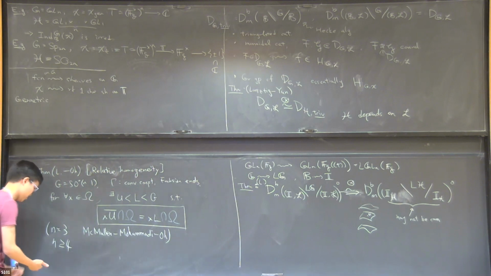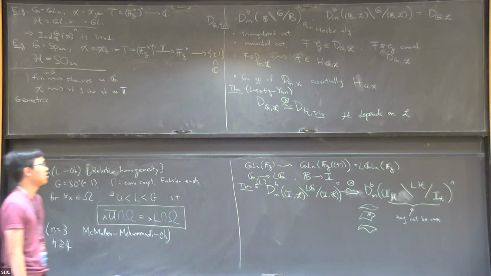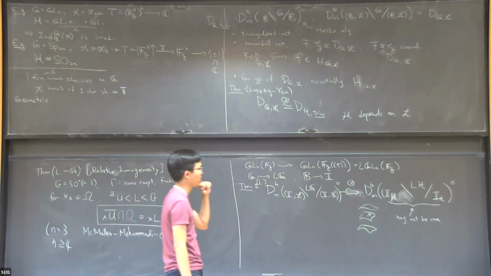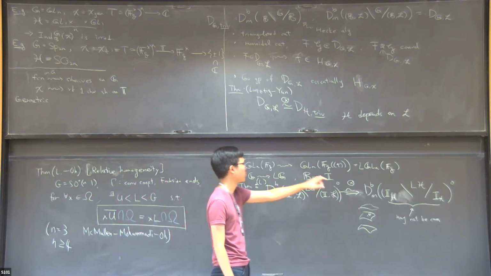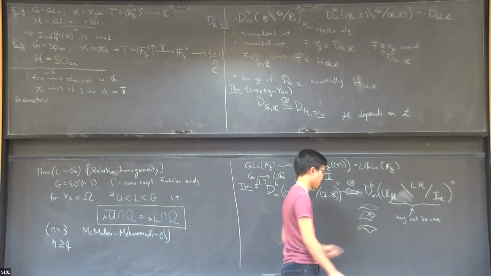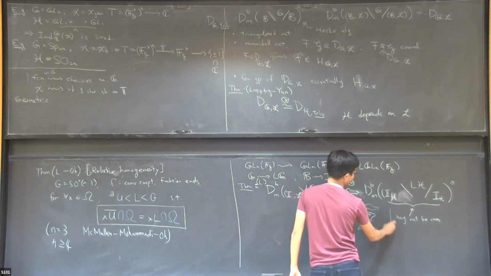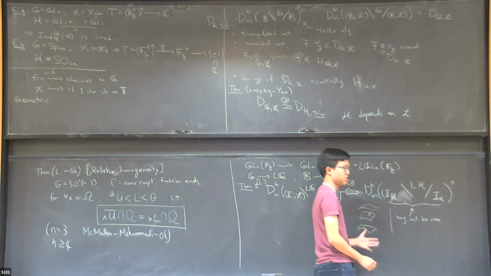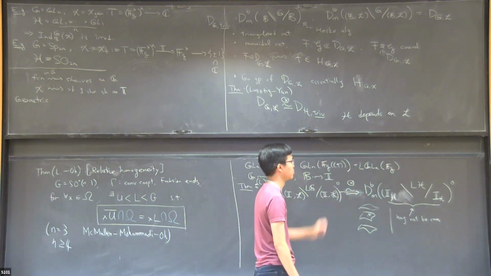Question: does this have some interpretation on the dual side, as some kind of localization? I think Roman's conjecture. He proved this is isomorphic to the coherent side, the coherent sheaves on the dual group side.